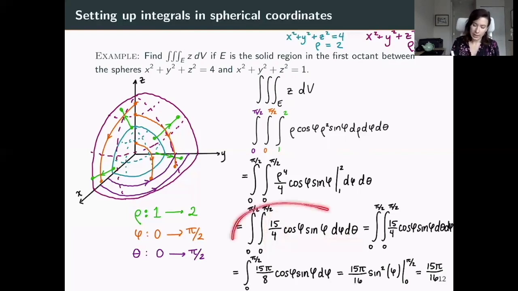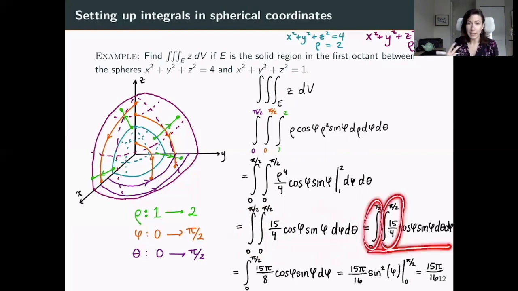While we could go ahead and integrate this way, I decided to switch the order of integration slightly, because here we don't have a terrible region to integrate over, and switch it to d theta d phi.